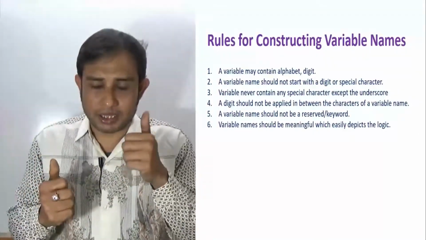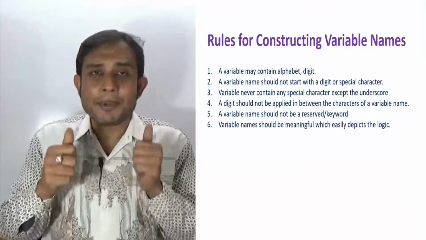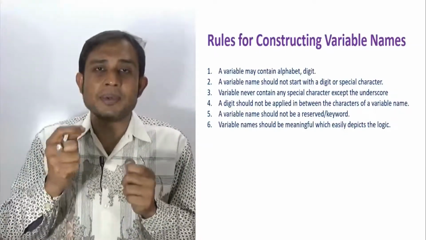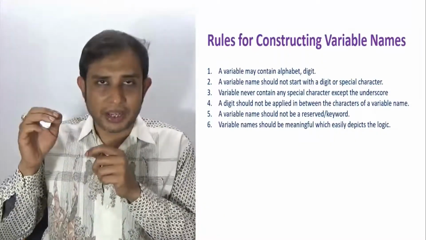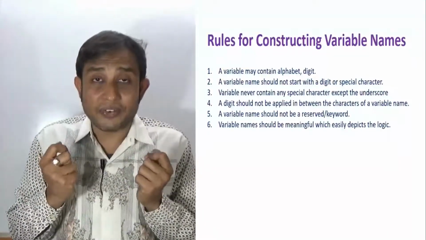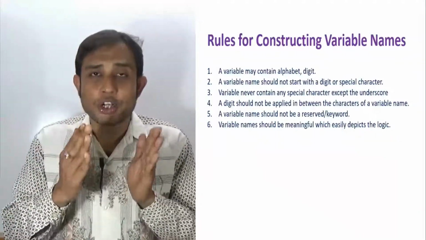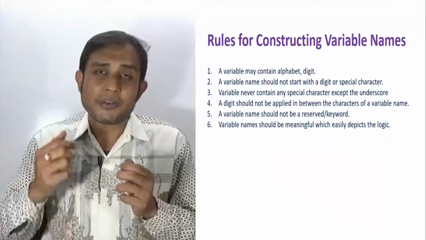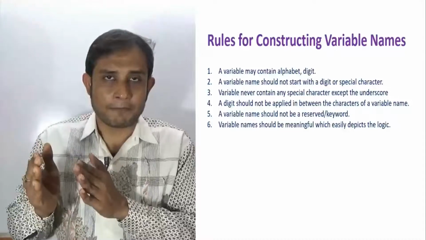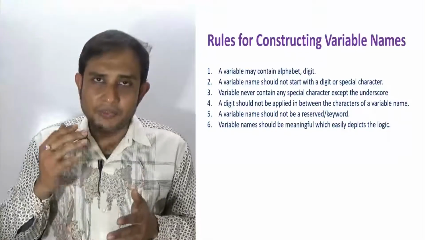If I replace the variable name C with area, then we can easily assume that this variable is holding some calculated value of the area of some rectangle, maybe another thing, but we can identify that this variable is used to store some value or data generated after calculation, and this value is related to the area of something. So these are the basic rules or protocols for declaring a variable.